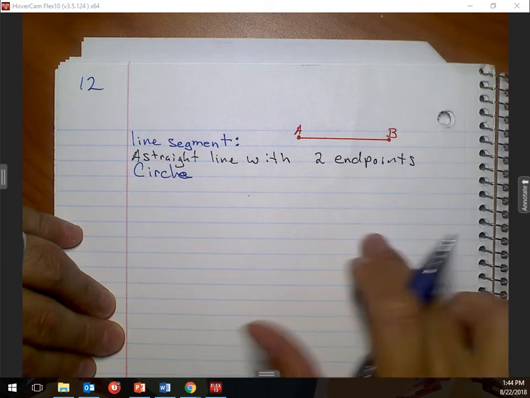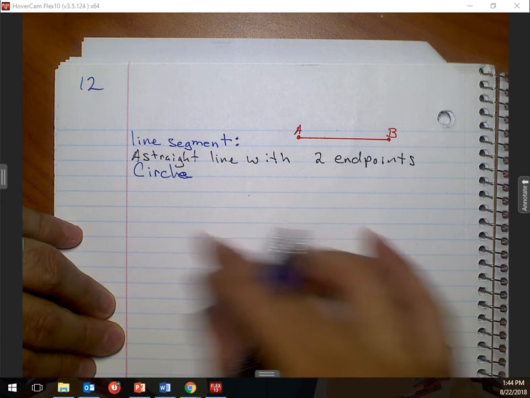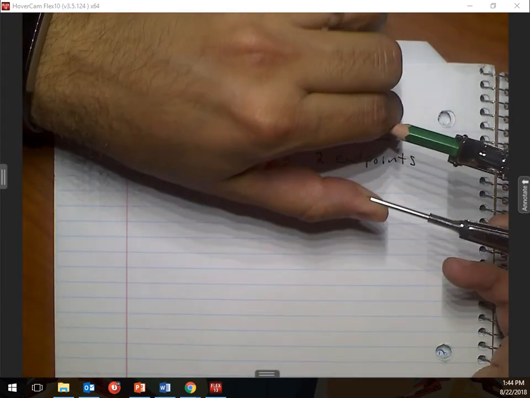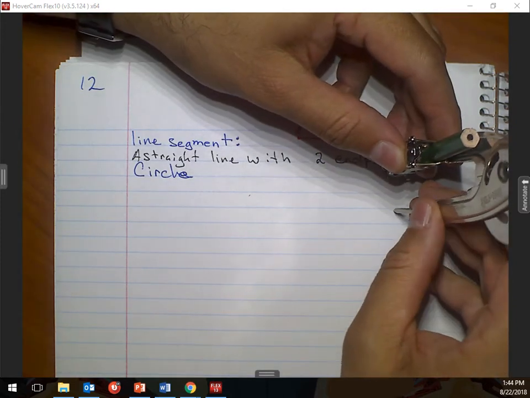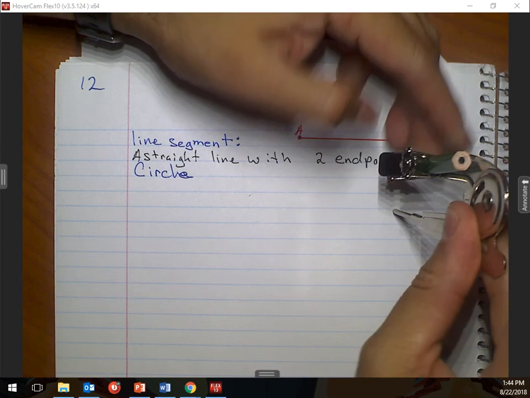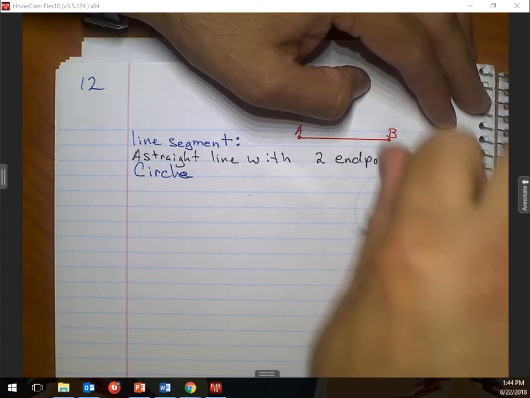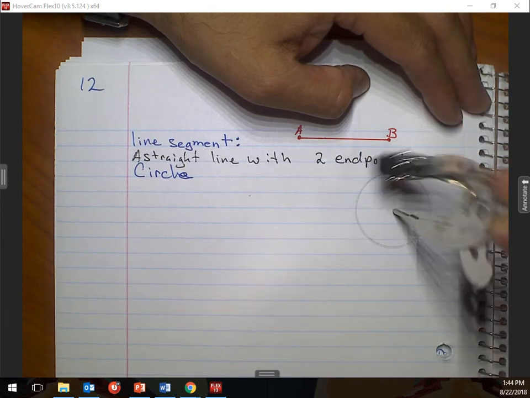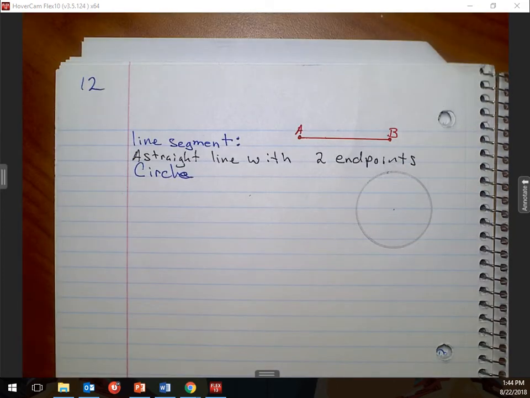So I'm going to start over here by drawing a circle, so I know how much room I could use for my definition. So let's go ahead and take that compass. Try not to make it too big. Now, you should have a nice stabby point right there.